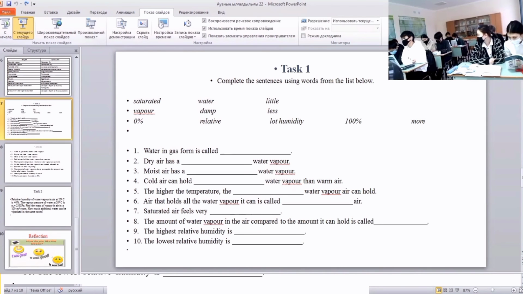High temperature, water vapor, they can hold. In order to change the result, as that of our water bottle.